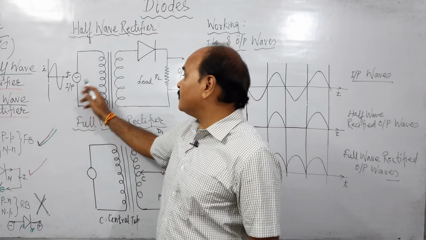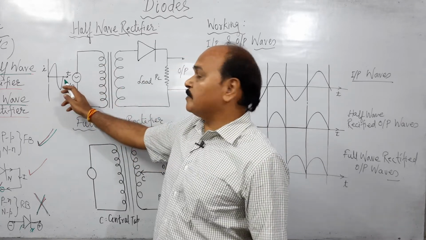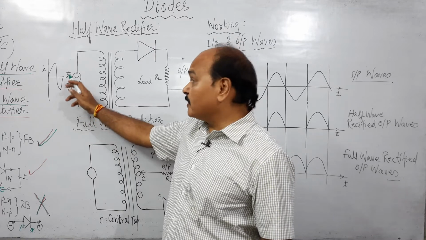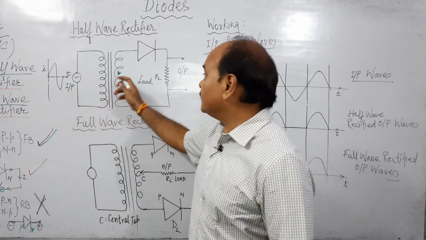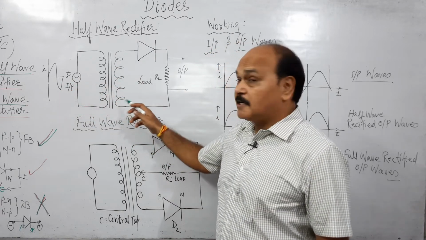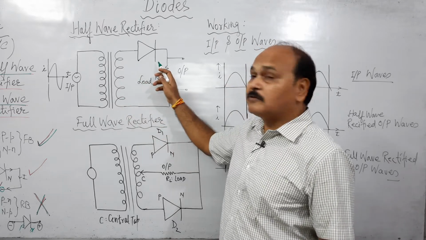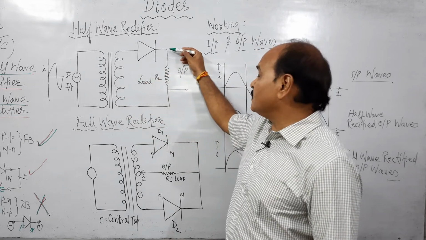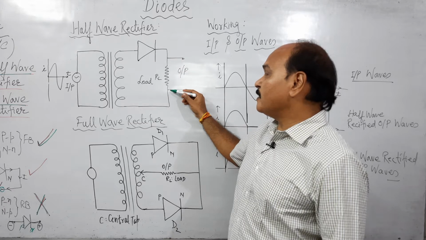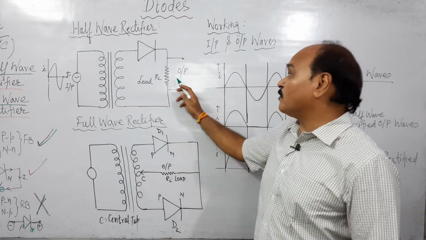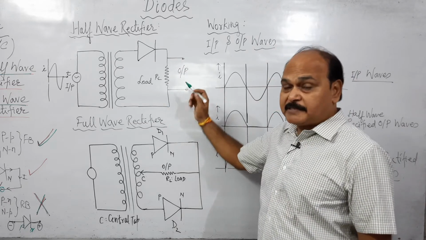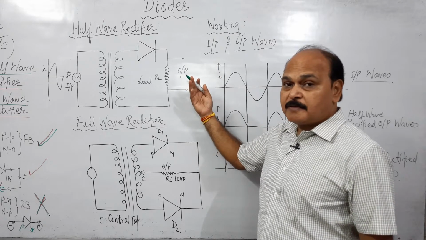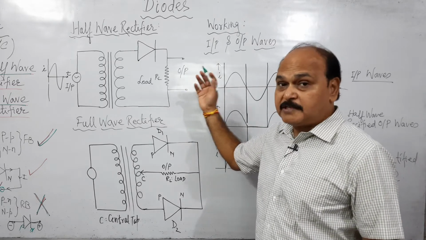So input is connected across the primary of the transformer. This is alternating current, and the secondary coil of the transformer is connected across the diode, and this diode is connected with load, and across the load we get what? Output. O/P stands for output. So what is that output? We'll know it very shortly.